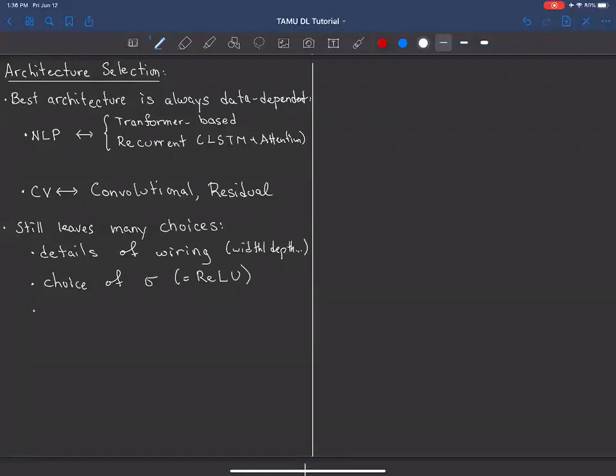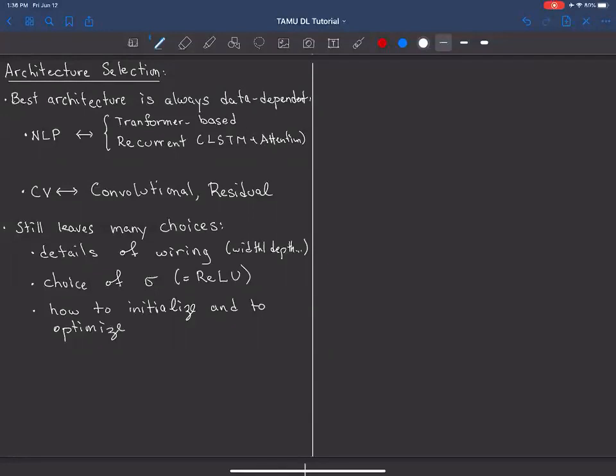And then, quite importantly, it leaves open to you how to initialize the network, that is, how to start training, and how to optimize. That is, how to choose things like the batch size and the learning rate and so on. We talked a little bit about how to choose those, but still you have to actually numerically implement that and do some kind of grid search or do something sensible.